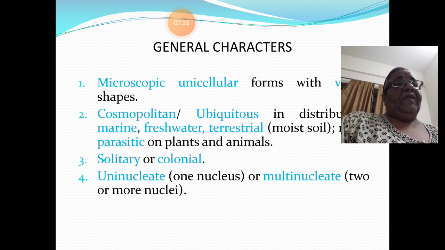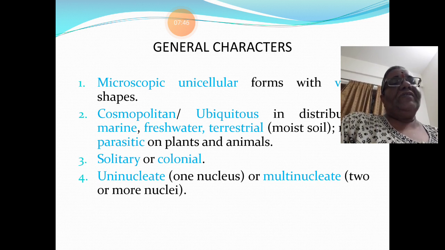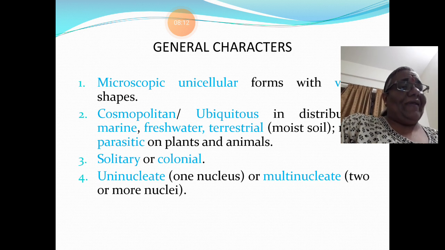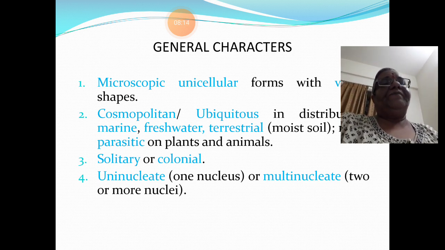On the other hand, Paramecium has two nuclei, one micronucleus, other one macronucleus. The condition is binucleate. And there is one protozoan called Opalina, the best example for multinucleate, where you find more than two nuclei. This is the fourth character.